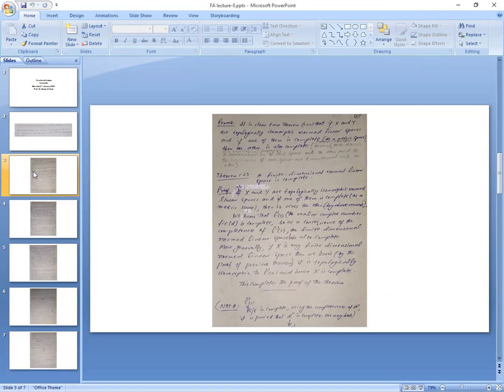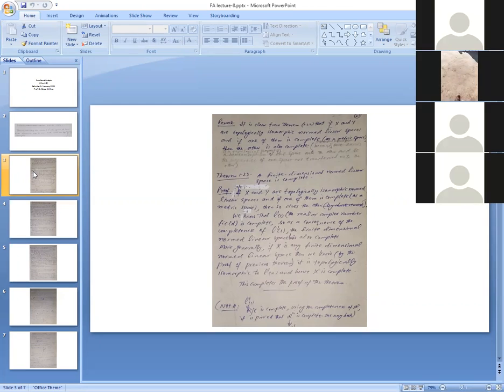And what is a topological property? If two topological spaces are homeomorphic, meaning there exists a homeomorphism between them, and one of the topological spaces possesses some property, then the same property will be possessed by the other, and vice versa. This is what we mean by a topological property.